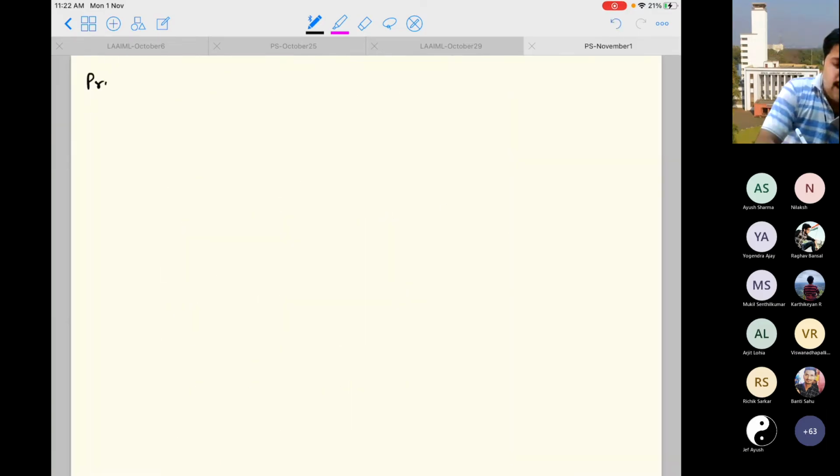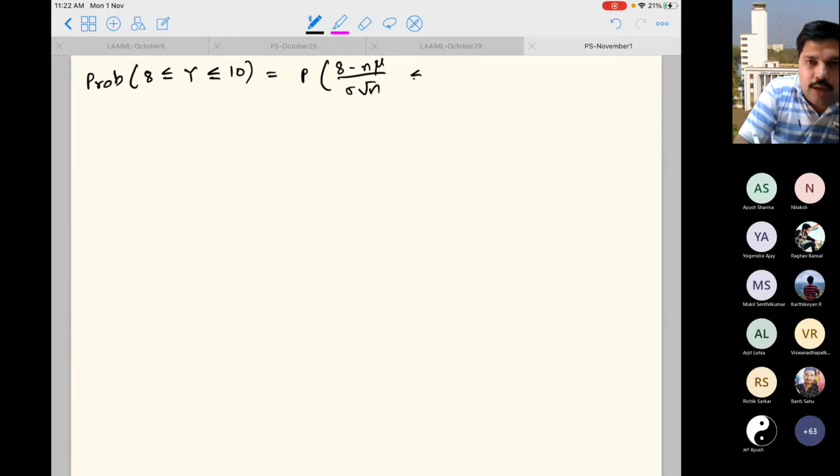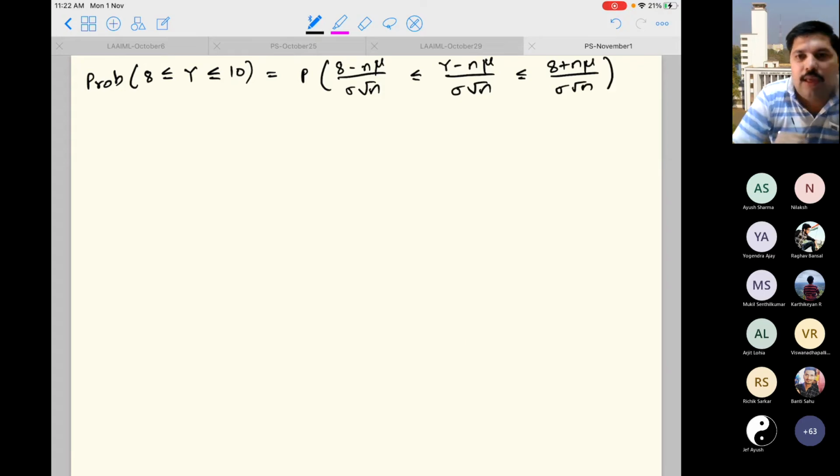The probability that I am interested in calculating is 8 less than or equal to Y less than or equal to 10. I can write this probability as 8 minus n mu divided by sigma root n, less than or equal to Y minus n mu divided by sigma root n, less than or equal to 10 minus n mu divided by sigma root n.